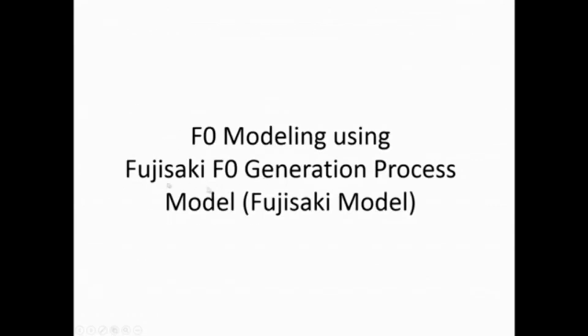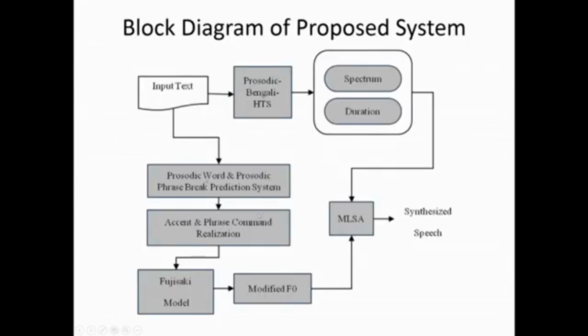Then the F0 model, the Fujisaki generation process model, we have done it. As I already explained, the spectrum information and duration information we train from the HTS engine, and we extract the F0 contour and modify it based on the accent command or phrase command by the Fujisaki model, and then we synthesize the speech.